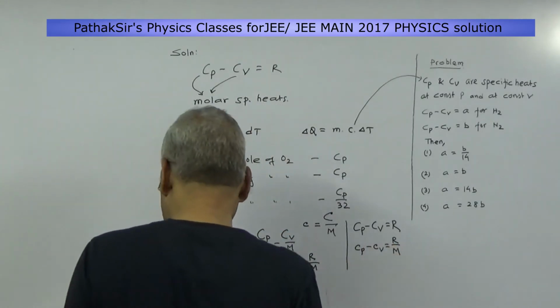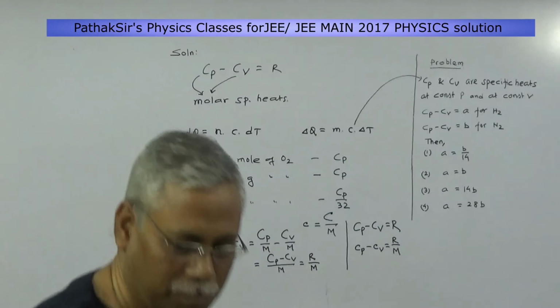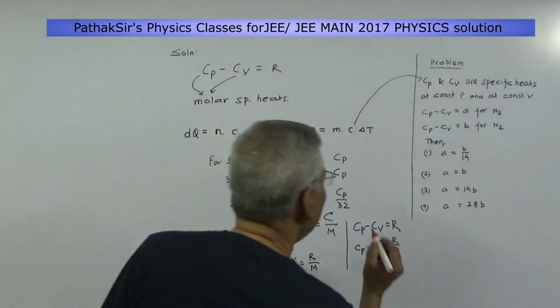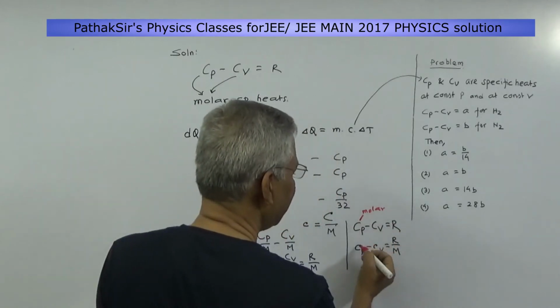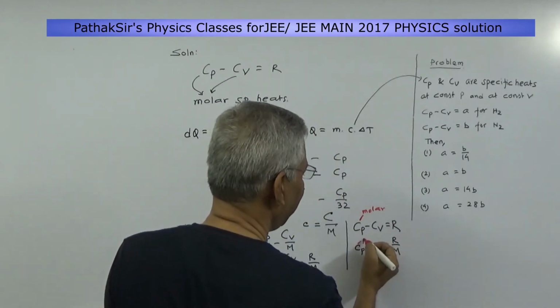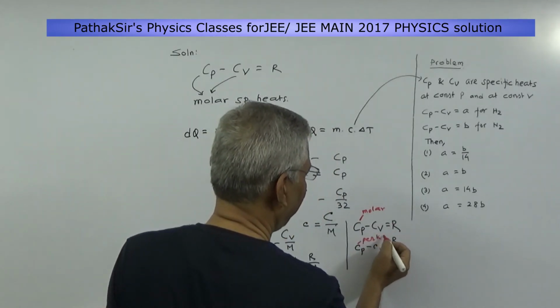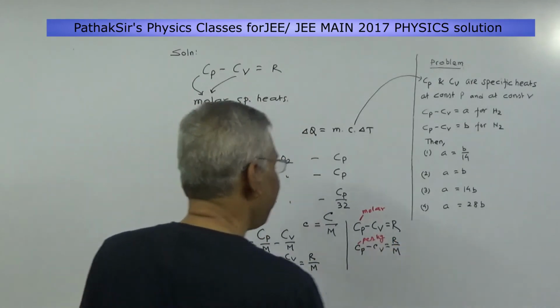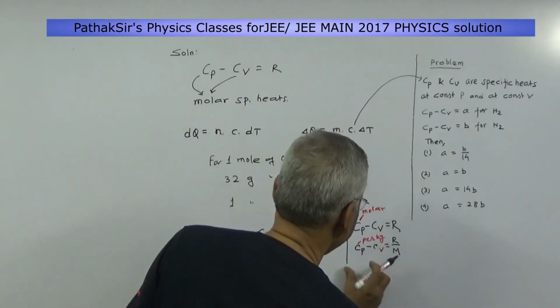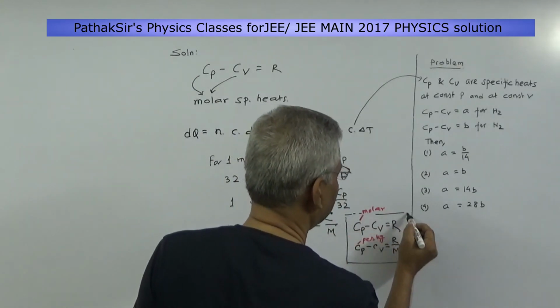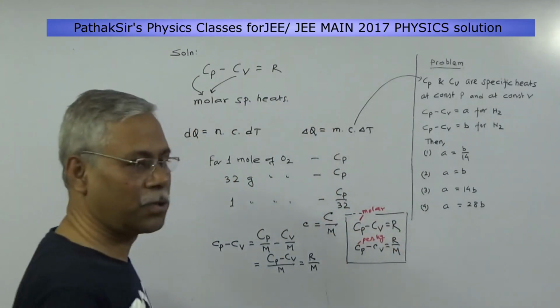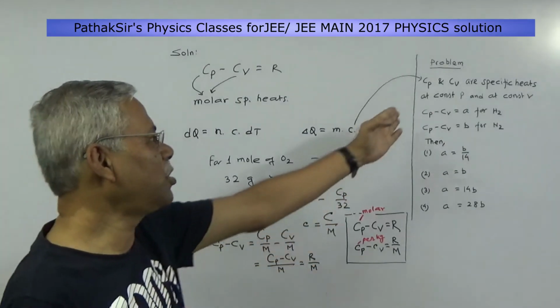This is molar. This is per kg basis, per unit mass. Put this in a box. Okay, so Cp minus Cv.